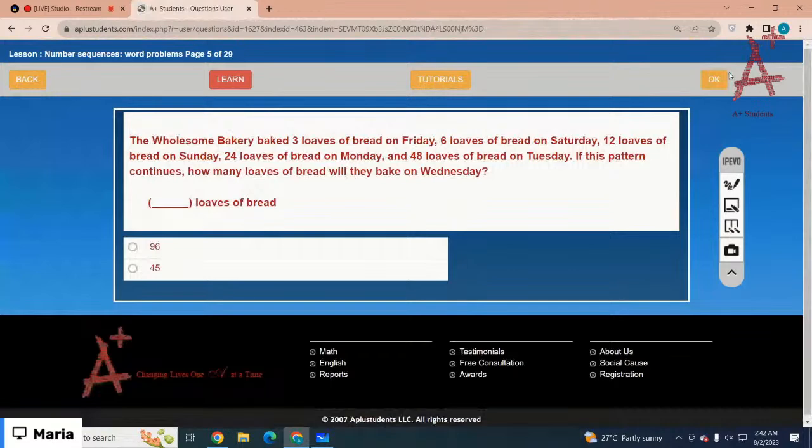If the pattern continues, the next number is, very good, 96.